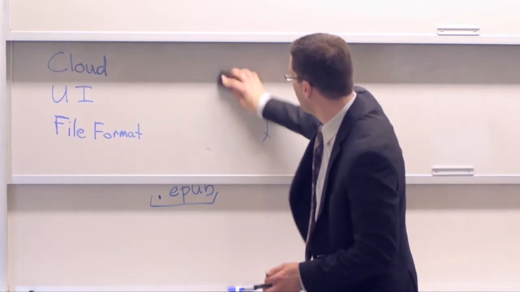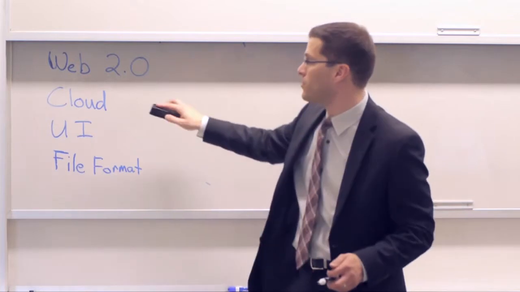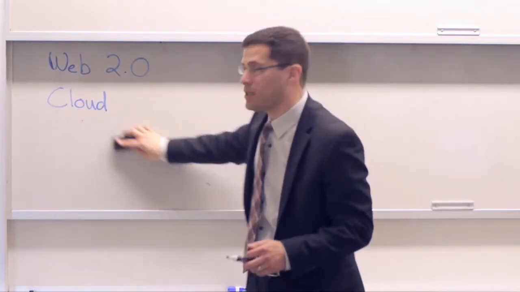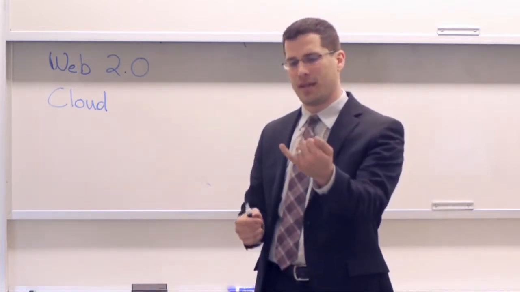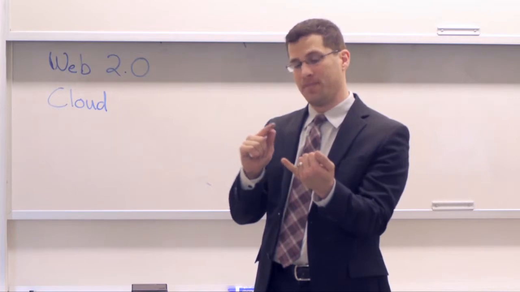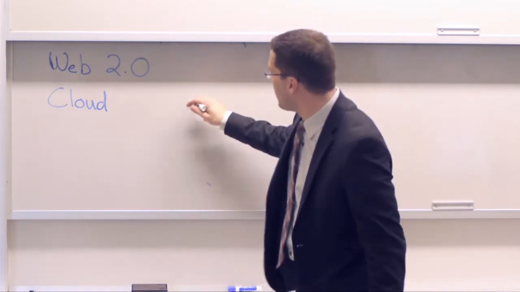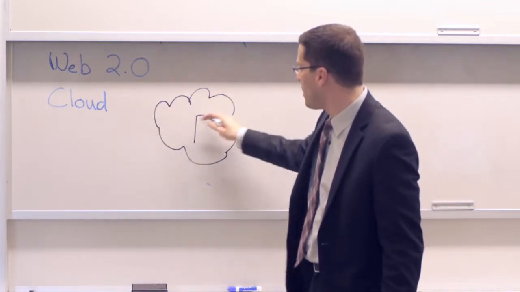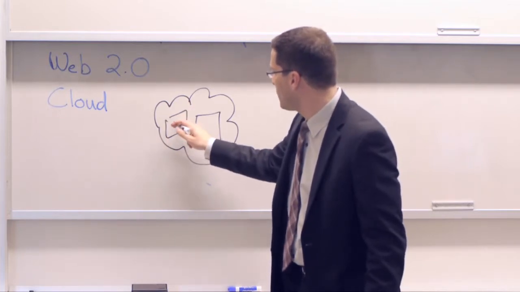And if we take a look at the next thing here, Web 2.0. Web 2.0 is very much related to cloud computing in that it uses the cloud. Web 2.0 can be simply illustrated by saying Web 2.0 is YouTube, it is Wikipedia, it's anything out in the cloud where content is created, whether it's in web page form or in a video format.